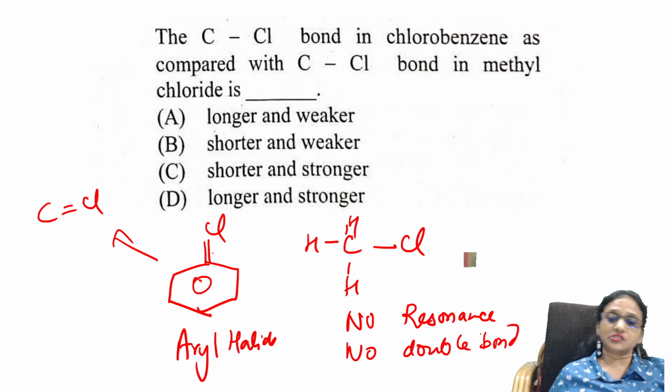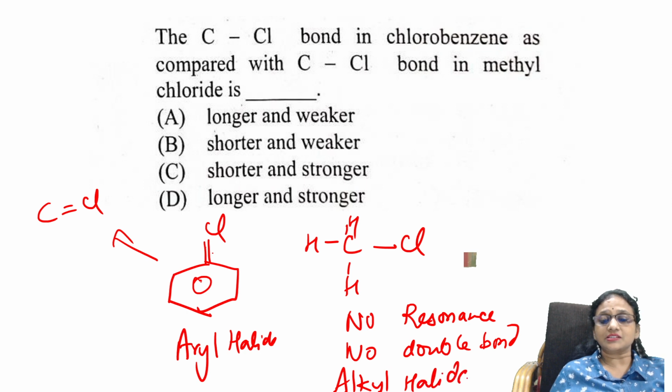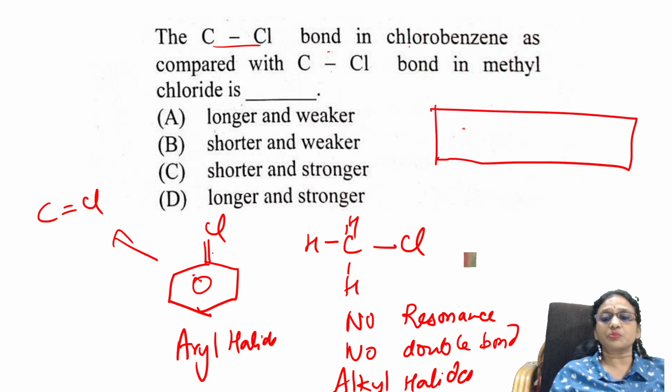All are single bonds. In aryl halide, it is a double bond character; in alkyl halide, it is a single bond. Now remember always, triple bond is strongest with shortest bond length, then double bond, then single bond.